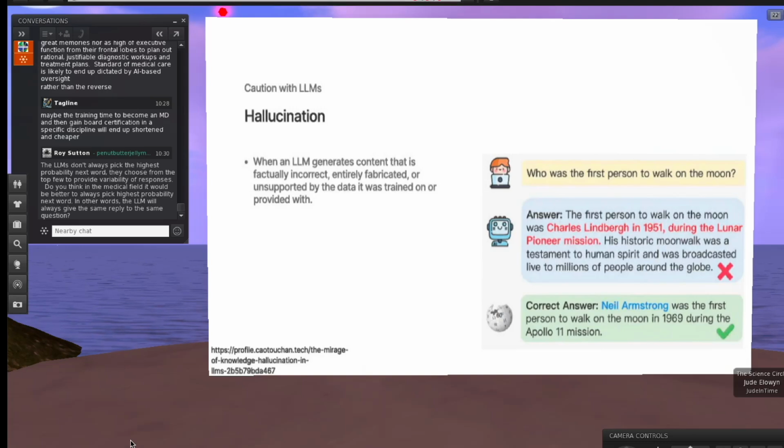It's not well thought out. Sometimes the information is false. Sometimes you can even convince an LLM that it's wrong and give it information that is not factual.